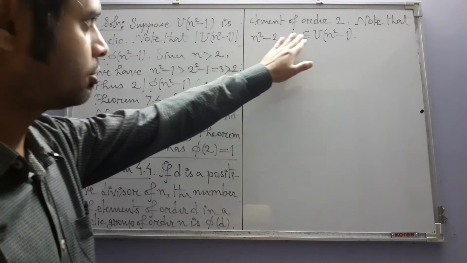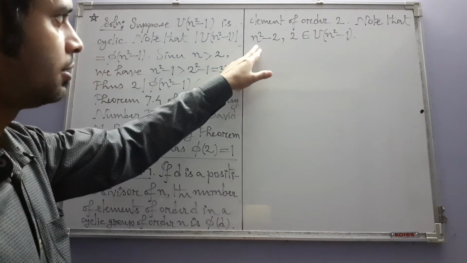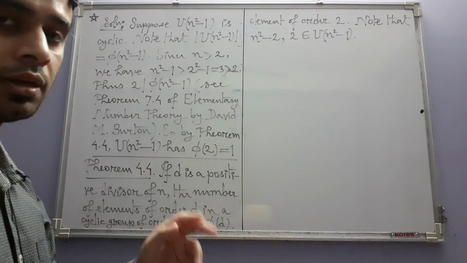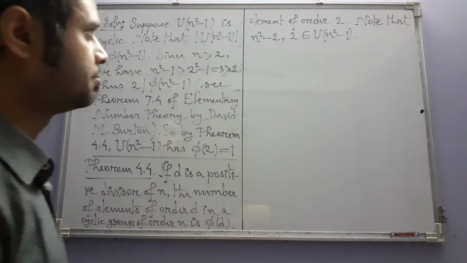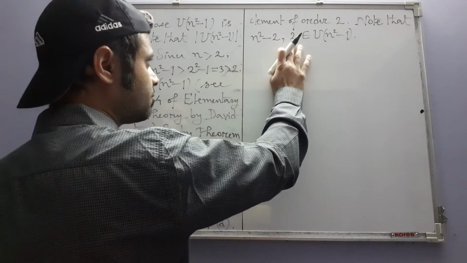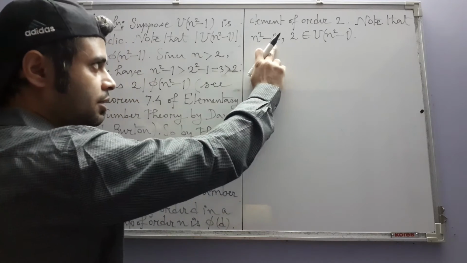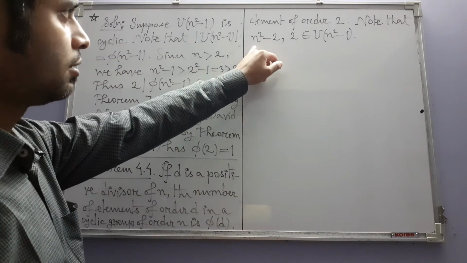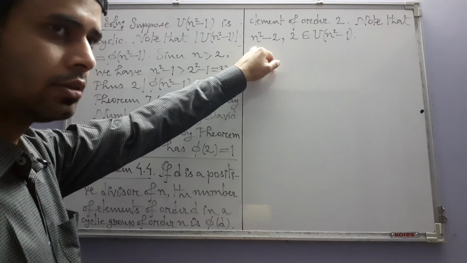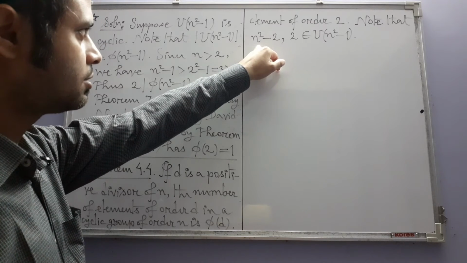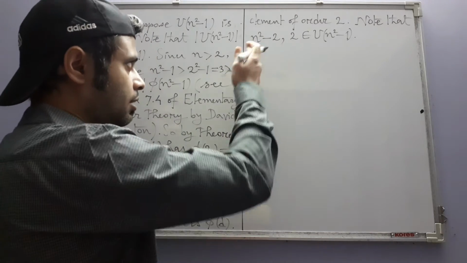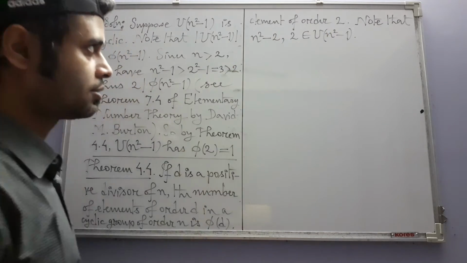Keep in mind that they should belong to the group, that is, they should be positive integers less than n square minus 1 and relatively prime to n square minus 1. 2 of course is a positive integer. Is this a positive integer? Yes, it is, because since n is greater than 2, the smallest value of n is 3. Even in that case, 3 square is 9, 9 minus 2 is a positive integer. So these are positive integers and clearly they are both less than n square minus 1.